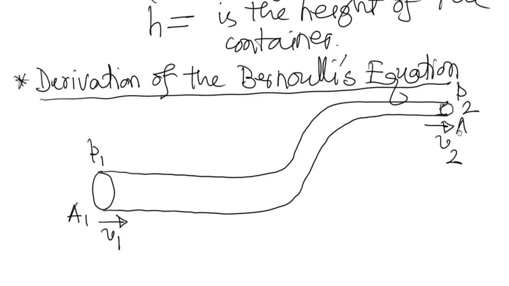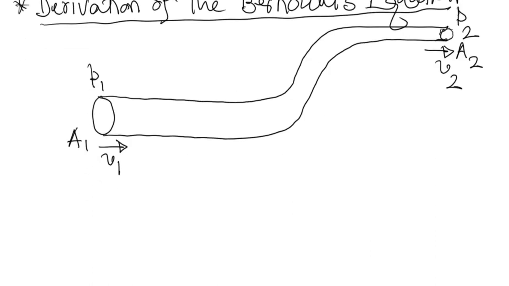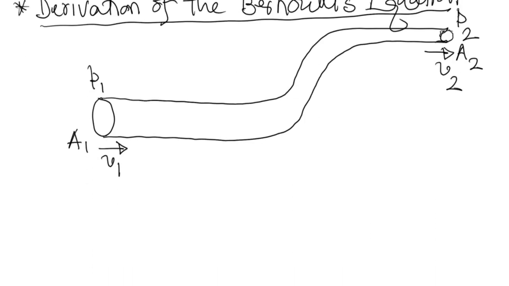Here the area of cross section is A2. Now we have some assumptions.